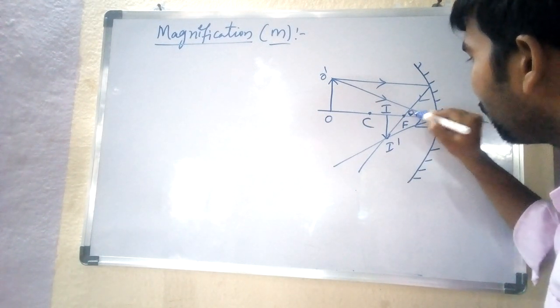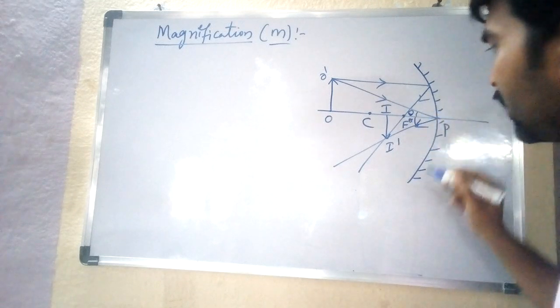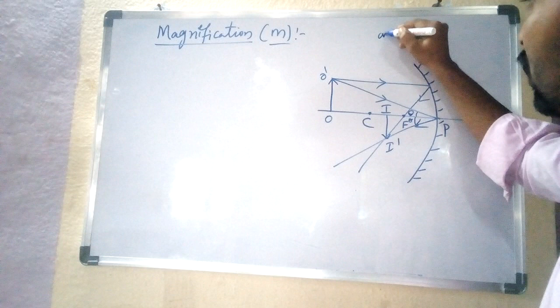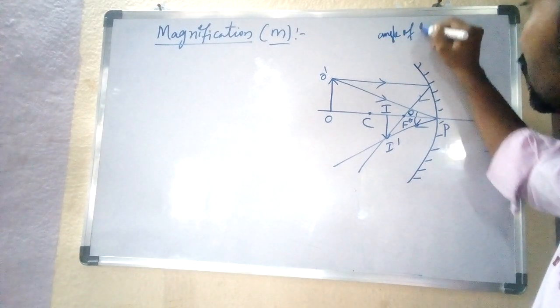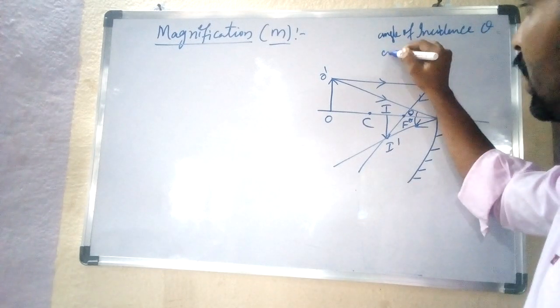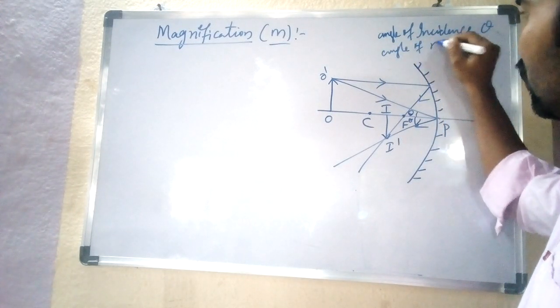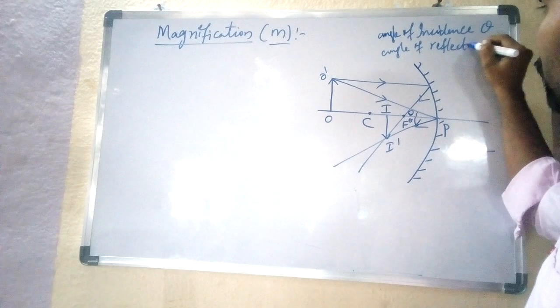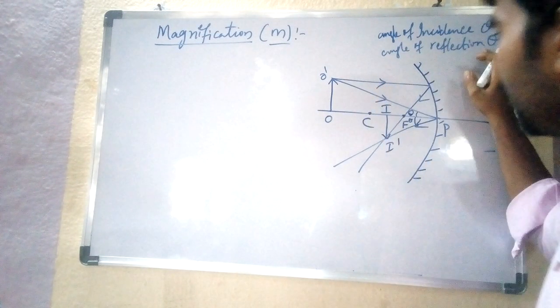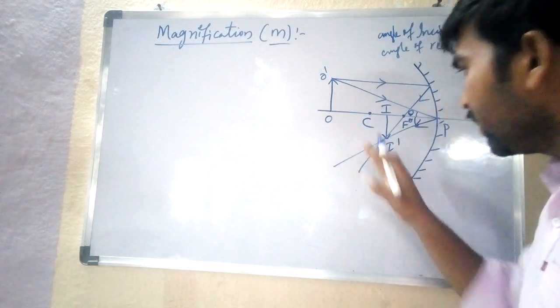Here is the angle theta, here is the angle theta. The angle of incidence is theta, and then the angle of reflection will also be theta. The incident angle and the reflected angle are both the same in this case.